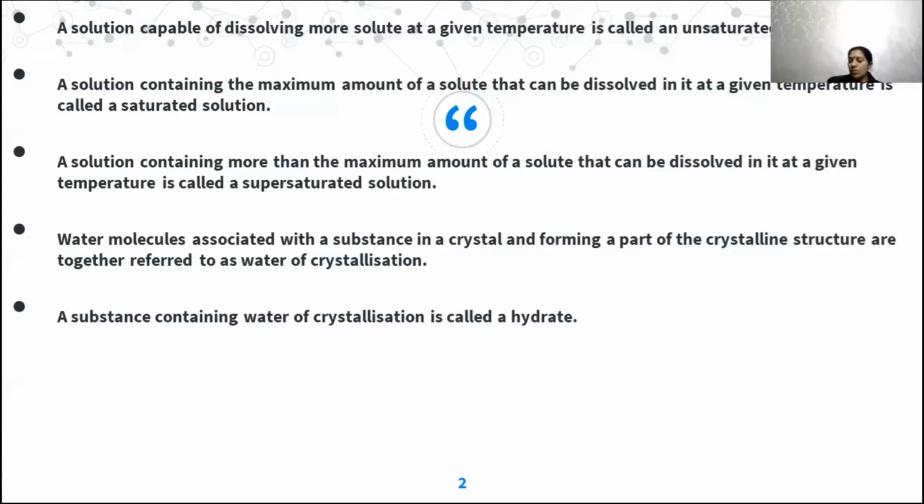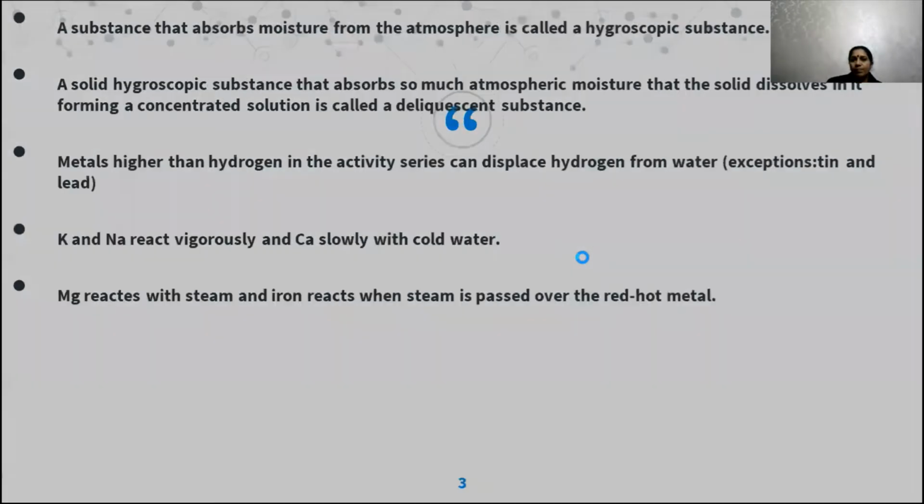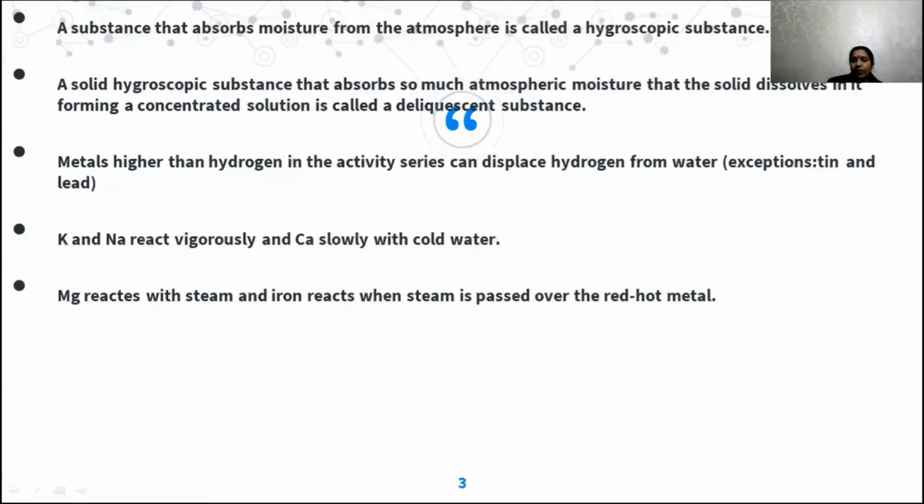So the next point is what is a hygroscopic substance? Hydro, hydrate, these words are all related to water. One more word you learn is hygroscopic substance.